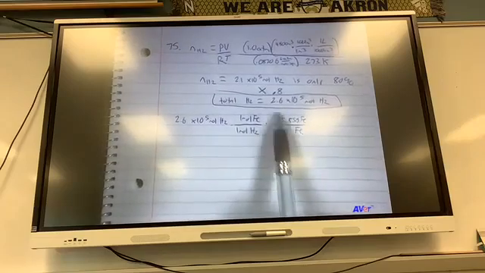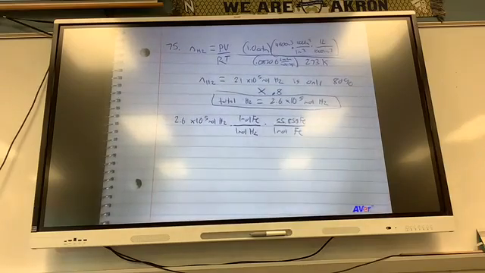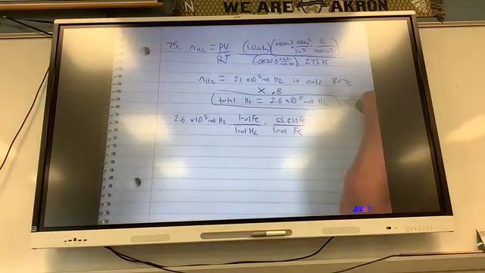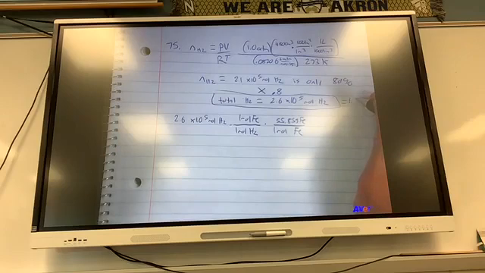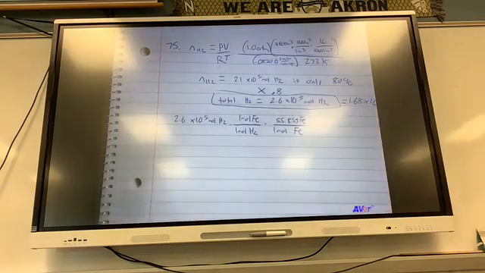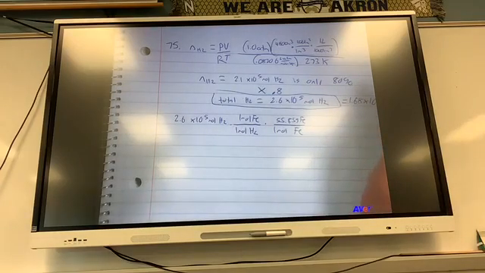All right. So if I multiply that by 0.8, this is actually 1.68 times 10 to the 5th moles of H2. Okay, that's closer to what I got.